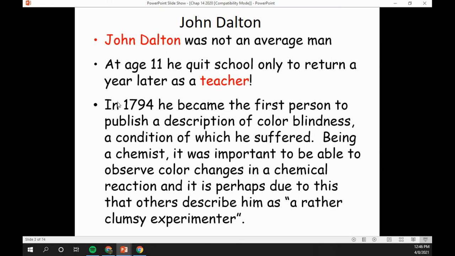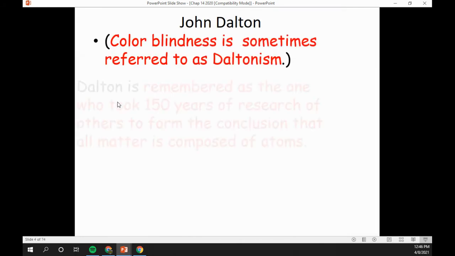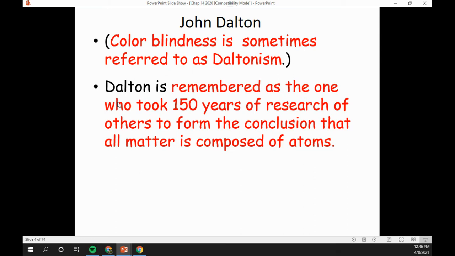Being a chemist, it's important to be able to observe these color changes in a chemical reaction, and it is perhaps due to this that it has described him as a rather clumsy experimenter. John Dalton is another name for color blindness, sometimes referred to as Daltonism. Dalton is remembered as one that took over 150 years of research from others to form the conclusion that all matter is composed of atoms.